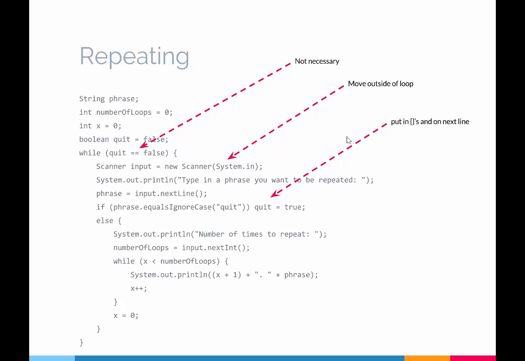Comprehension is 50% of what we do as programmers. Clean code, and it's code that we can understand, is incredibly important to our craft. Okay? So don't do this. Put it on the next line, use braces. Don't do this. Otherwise, this program works.